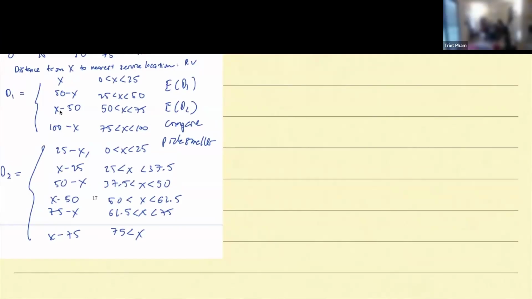So how would I calculate expectation of D1 here? Just describe it to me verbally. We don't have to do the whole thing.